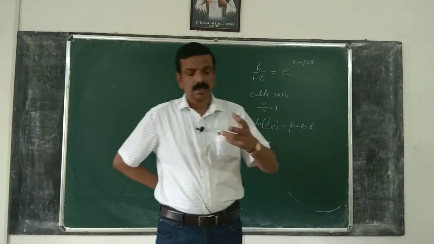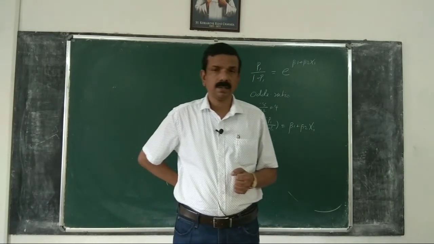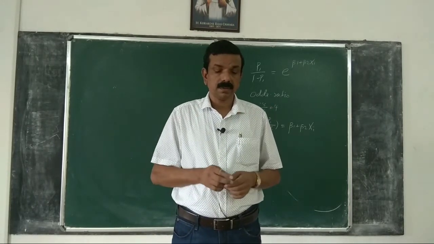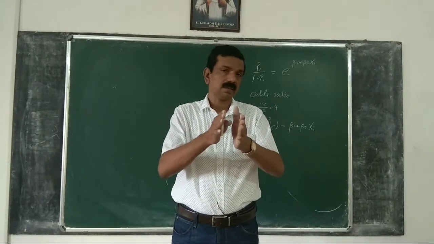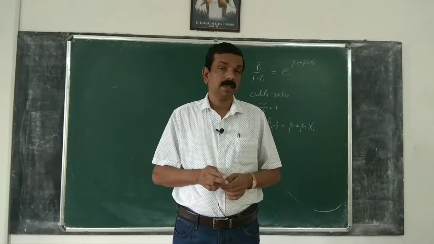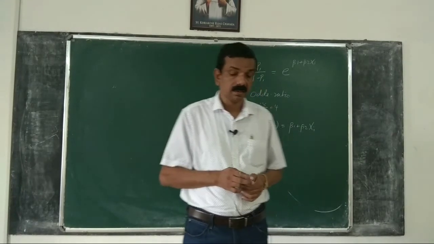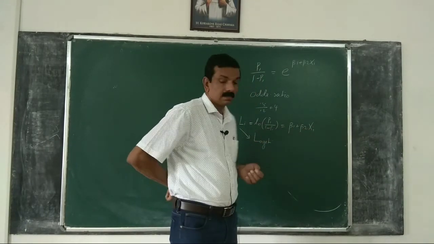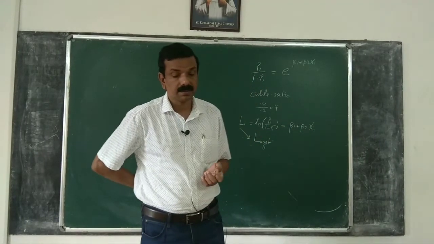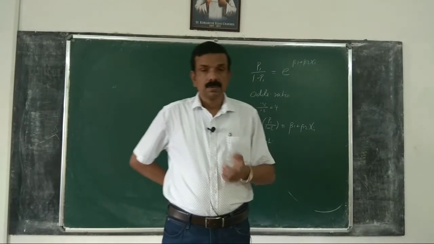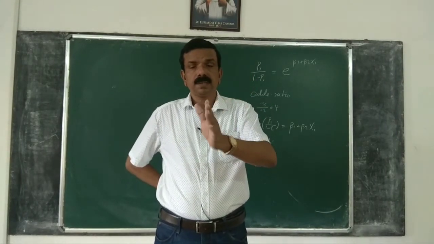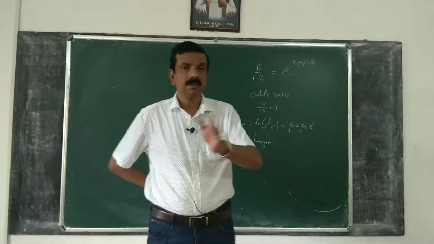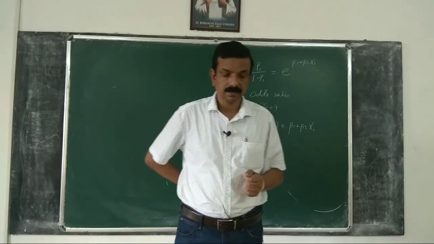Now let us see what the features of this model are. As p goes from 0 to 1, that is as z varies from minus infinity to plus infinity, L also goes from minus infinity to plus infinity. So even though p lies between 0 and 1, L is not bounded by 0 and 1.